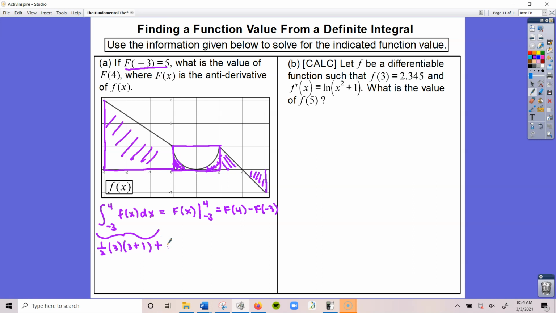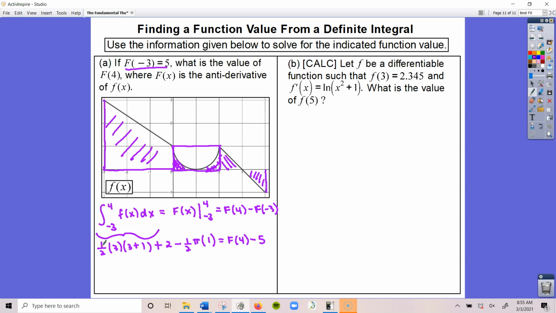Then I'm going to add the area of this rectangle, which is 2 times 1, so 2, but I'm going to subtract the semicircle so that it leaves me with that shaded region, which is 1/2 times pi times the radius squared, which is 1, and 1 squared is just 1. And that's going to equal capital F of 4 minus capital F of -3, which is 5. So see, like this, I've created an equation that allows me to solve for f of 4.